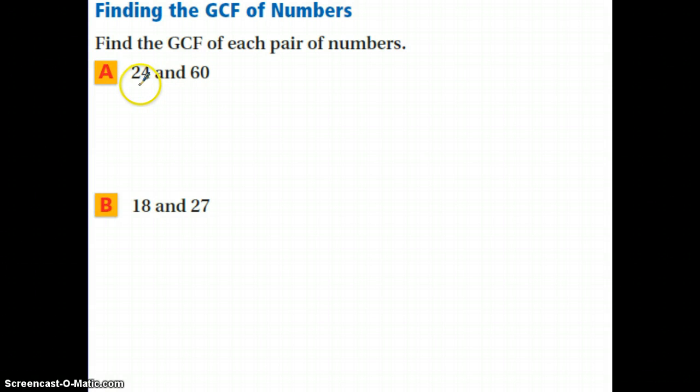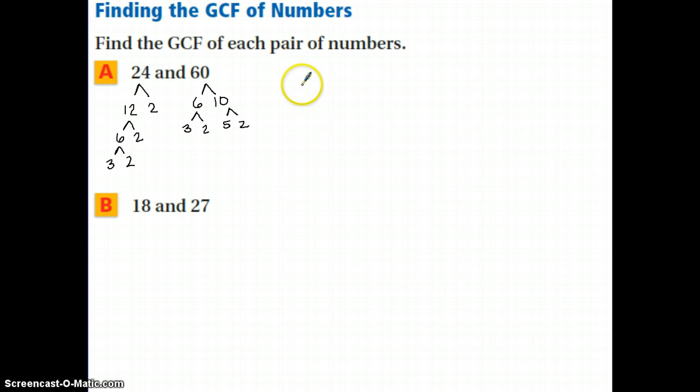We start by factoring each of the numbers, all the way down into their prime factorization. 24, I can break that down into 12 times 2. 12 can be 6 times 2, and 6 can break down into 3 times 2. 60, again, I can break that down into 6 times 10, 3 times 2, and 10 can break down into 5 times 2. I can't break down those numbers any further.